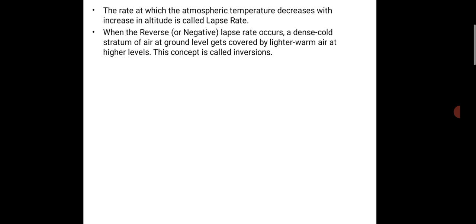When the reverse or negative lapse rate occurs, a dense cold stratum of air at ground level gets covered by lighter warm air at higher levels. This concept is called inversion. The lapse rate will be discussed in detail in another video.